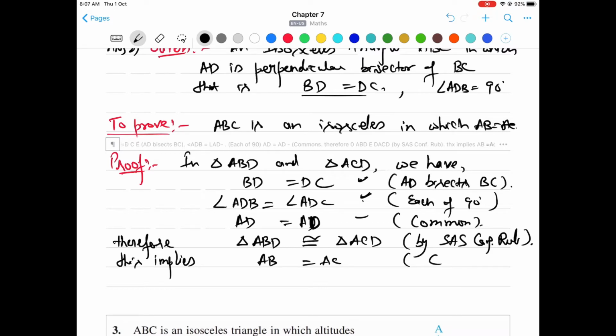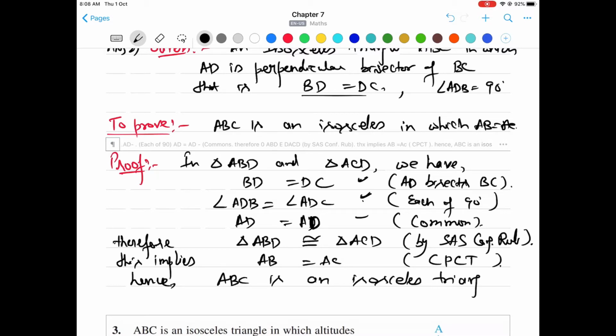This is by CPCT, corresponding parts of congruent triangles are equal. Hence ABC is an isosceles triangle, and that's what we are asked to prove here. First we have to prove that this ABC is an isosceles triangle, and then AB equals AC. So we have proved both parts, that AB is equal to AC and ABC is an isosceles triangle. Okay, that's the answer of question number 2.